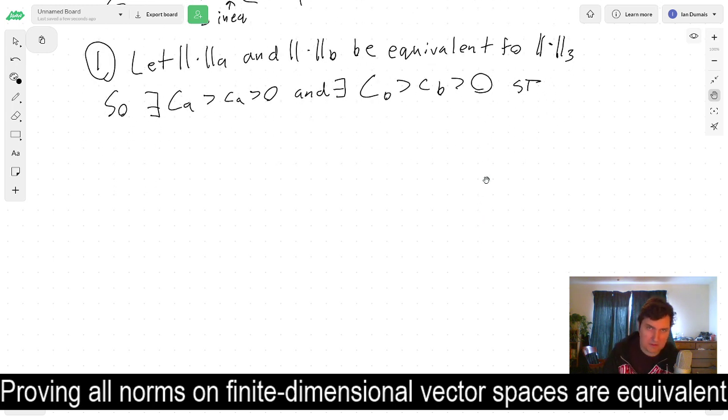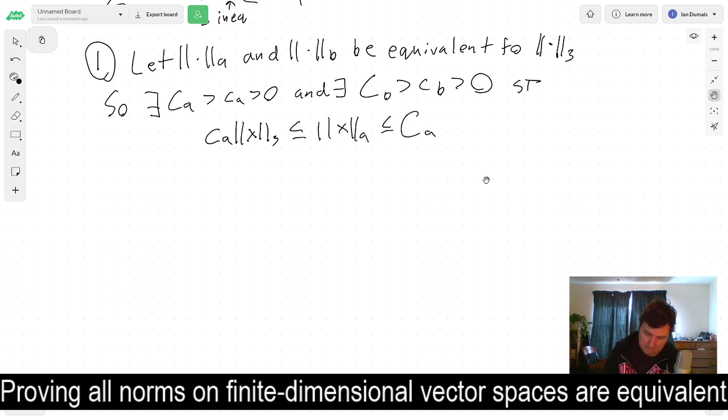All right, this is a long string. So this is just based on the definition of equivalence. We've got c_A norm 3 less than or equal to norm A. That's a little c, by the way.